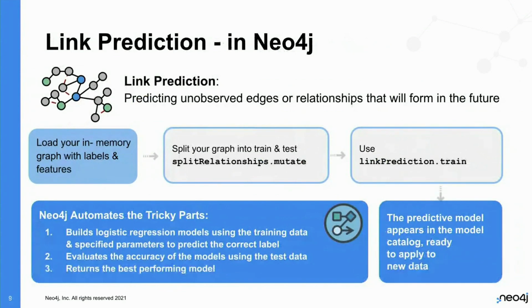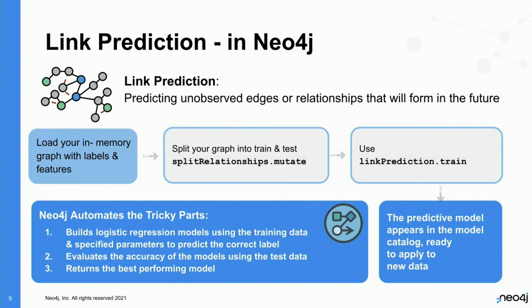This is kind of the slide we usually use to talk about link prediction in Neo4j, where we tell you Neo does all the hard stuff. So if link prediction is just prediction of unobserved edges and the relationships that'll form in the future, what you need to do in Neo is you load your in-memory graph with the nodes that you want to make predictions on and the features you want to use. Split your graph into a test and train graph with our split relationships procedure, and then use link prediction.train.